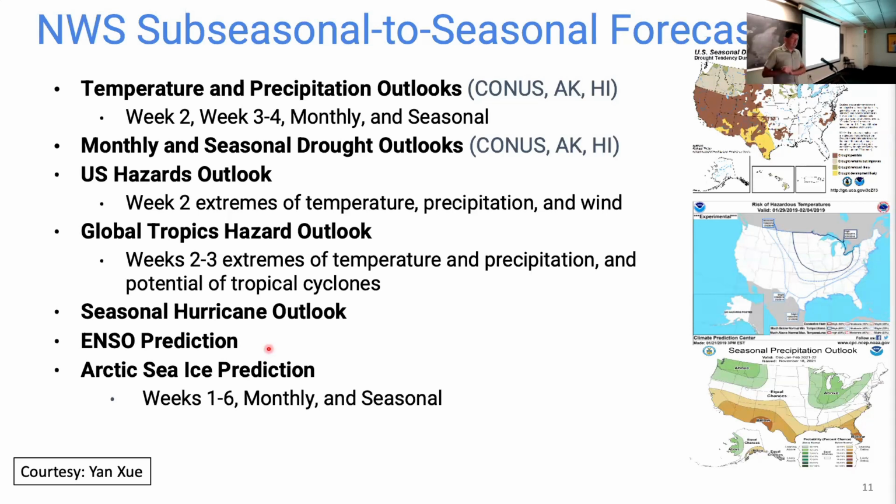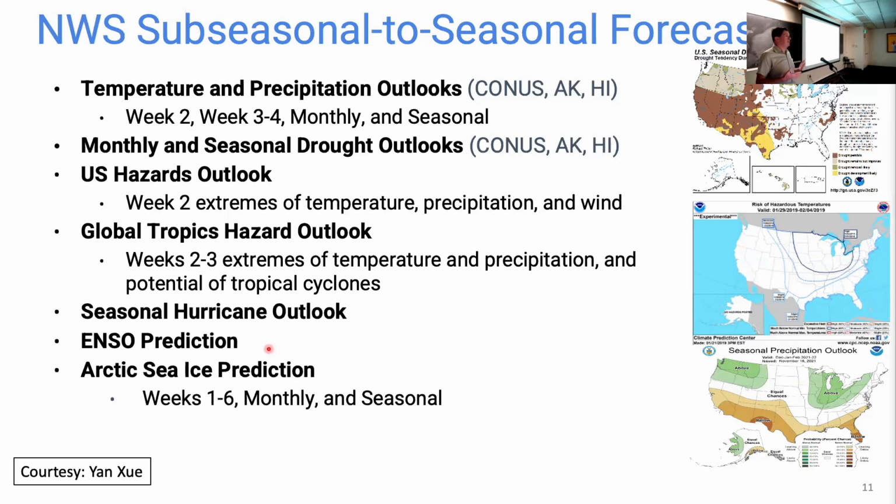The Climate Prediction Center produces temperature and precipitation outlooks for week 2, weeks 3-4 combined, weekly and monthly. The bottom right is a precipitation outlook showing above normal precipitation in the Pacific Northwest and the Great Lakes, and dry in the South.